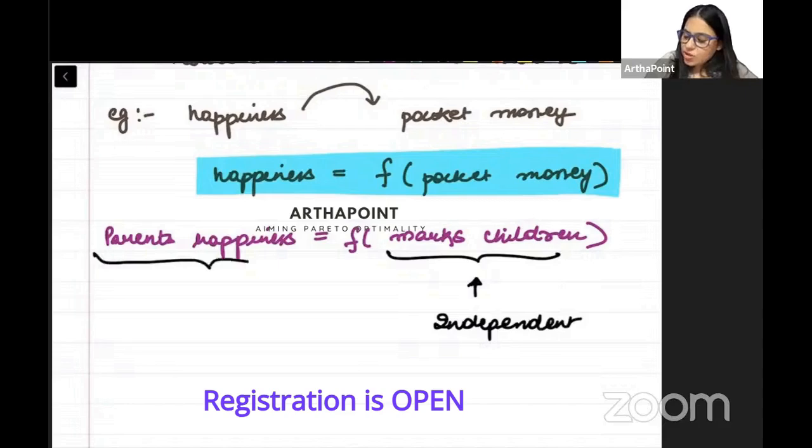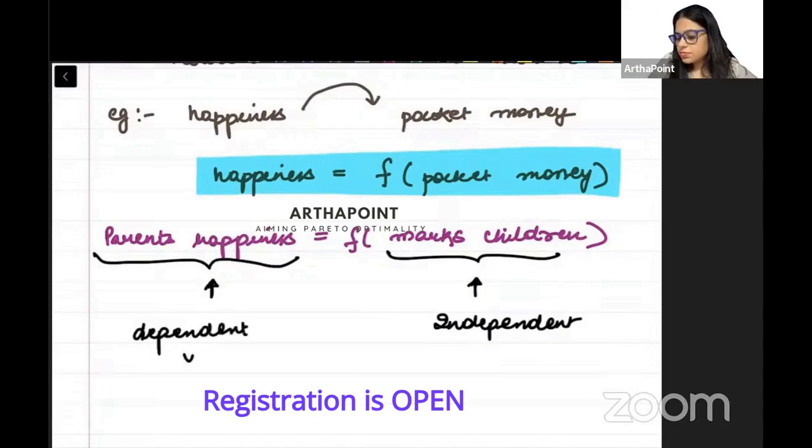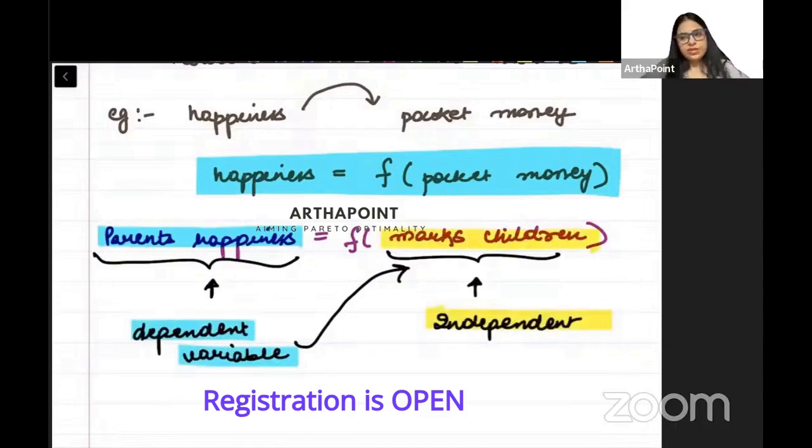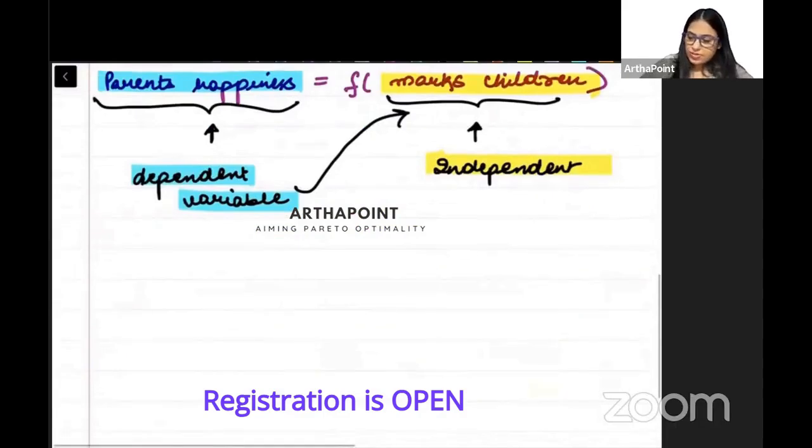But ये parents का जो happiness है, it is a dependent variable. And वो किस पे depend कर रहा है? On marks of children. So this is a dependent variable and this is an independent variable. ठीक है?